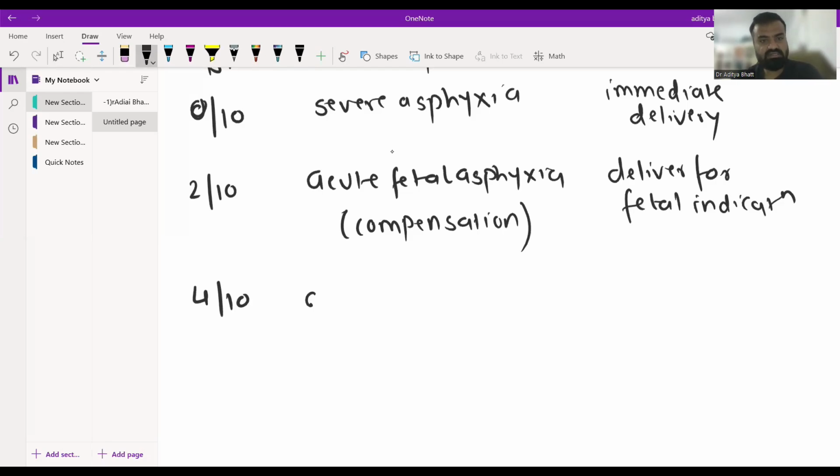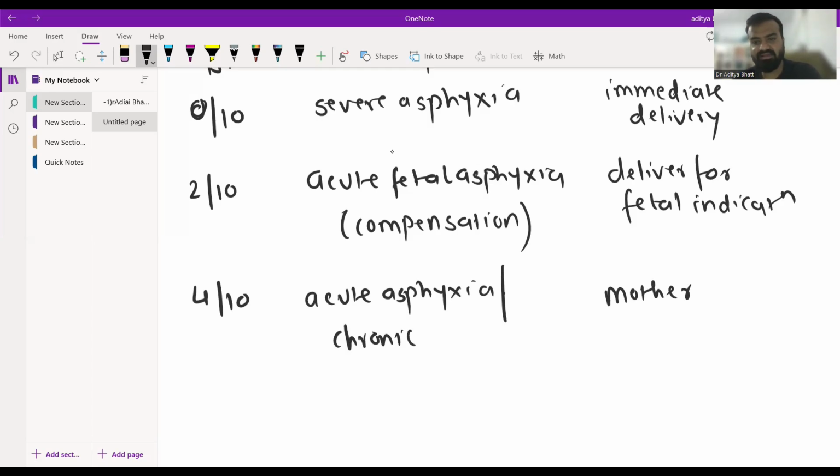4/10 is acute asphyxia. It is an acute asphyxia, and there might be some component of chronic asphyxia too. Now here the maternal indication is the important thing. If there is an indication for the mother, then you decide whether to deliver by LSCS or even normal delivery, depending upon the obstetrician's decision.